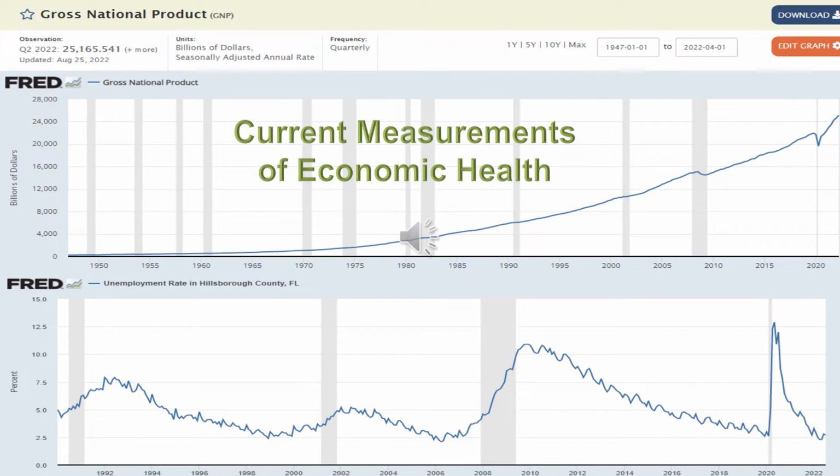Currently, the primary measure of economic health in this country is the gross national product. We see a growth in the gross national product and we think everything is going just fine. But this statistic doesn't really include the economic health of non-paying jobs.